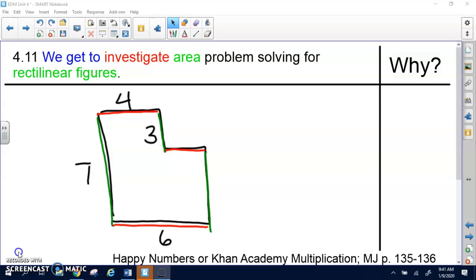Yes, sir. Yeah, absolutely. So for the 7, on this side it's 3, but if you look at it in total, if you combine this with this, it's the same as this side, which we already have as 3, so this side would be 4.